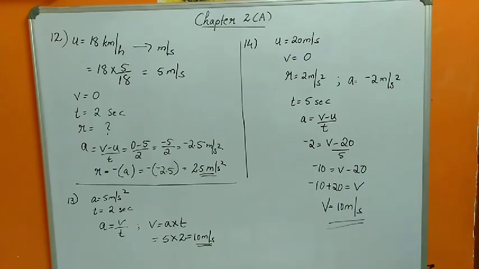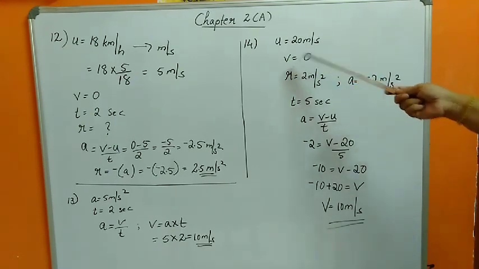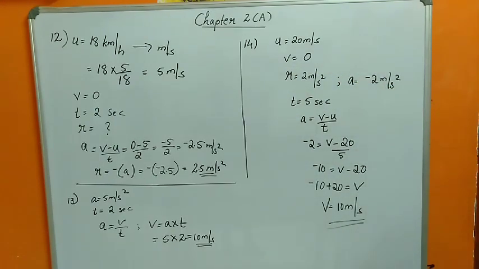Next, question number 14. A car is moving with a velocity 20 meter per second. It is moving with the velocity means initial velocity is given, 20 meter per second. The brakes are applied. So we know when the brakes are applied, finally the car will come to stop. So directly we may write v is equal to 0. Final velocity is 0.